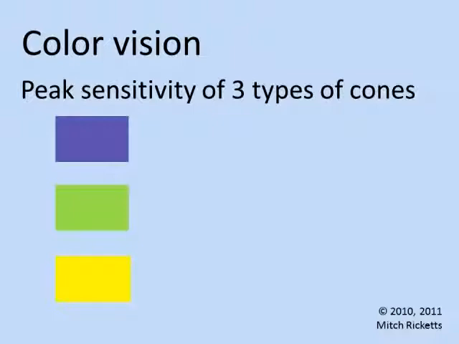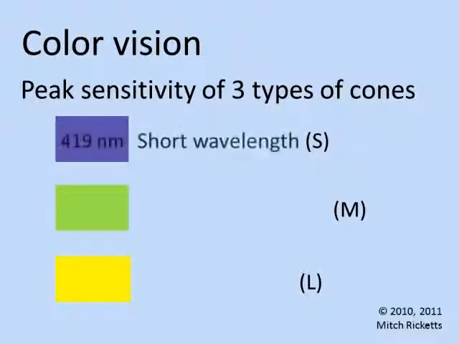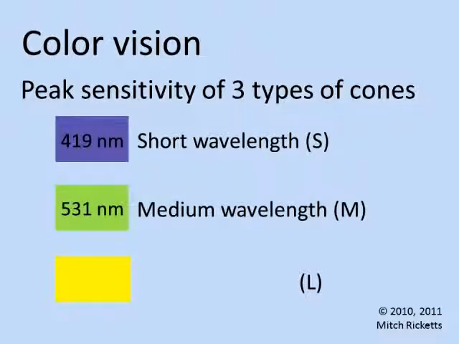The different cones are sometimes referred to as S, M, and L cones to indicate whether they are most sensitive to light of short wavelengths, 419 nanometers, medium wavelengths, 531 nanometers, or long wavelengths, 559 nanometers. The colors in the slide indicate how light of these wavelengths appears to someone with normal color vision.